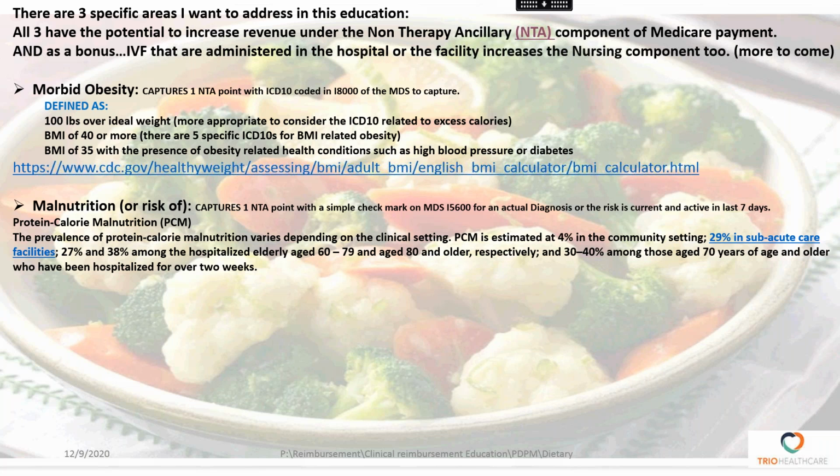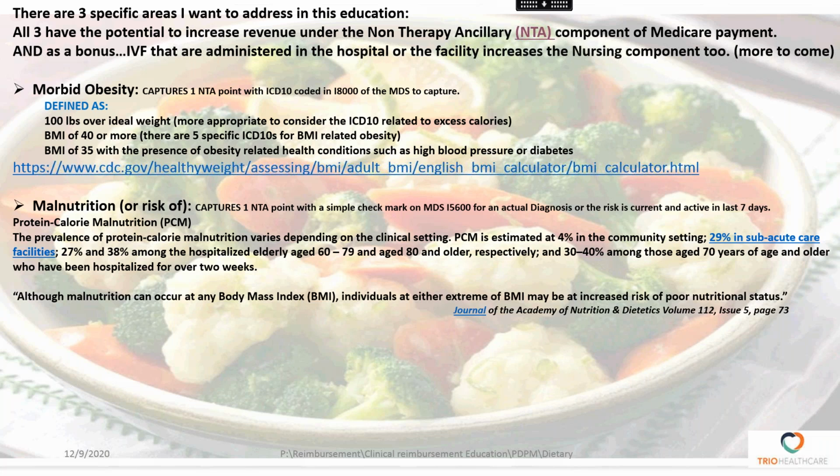Then it's 27 to 38% once people are hospitalized and elderly, between 60 and 79, and at age 80 and older, it may go up to 30 to 40%. They're looking at people that have been hospitalized for a couple of weeks. So there's definitely potential within our population to identify the risk, if not the actual diagnosis, of malnutrition.